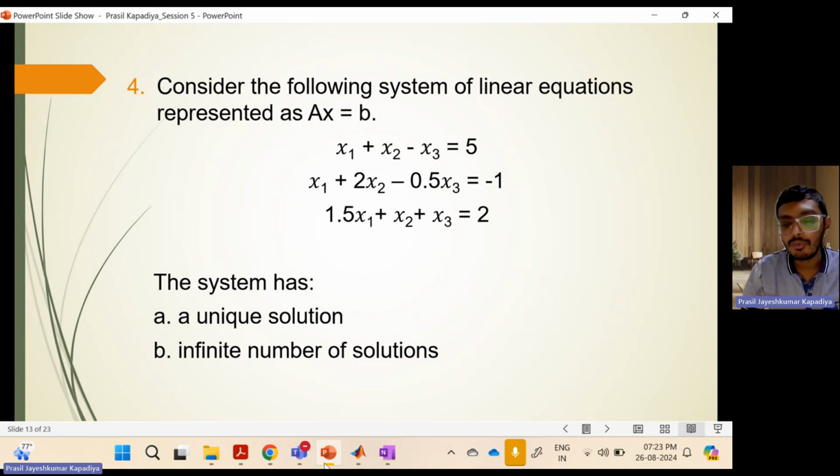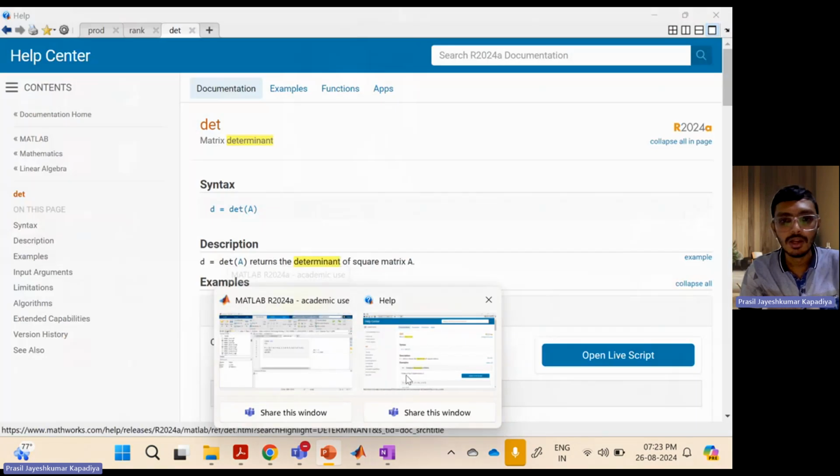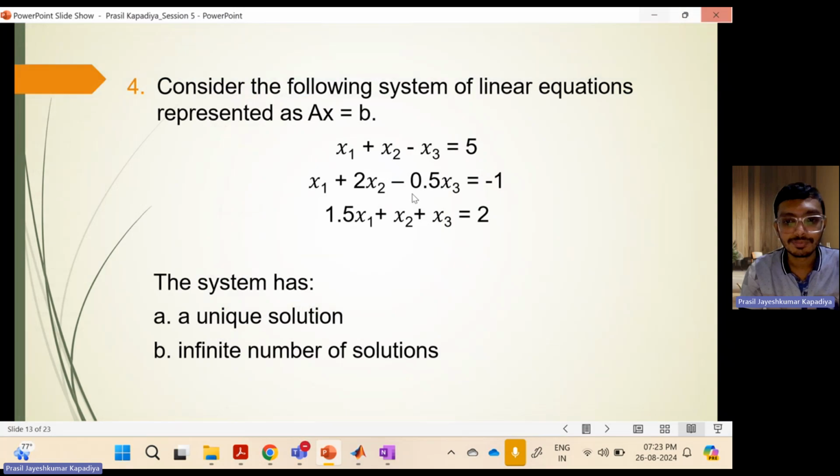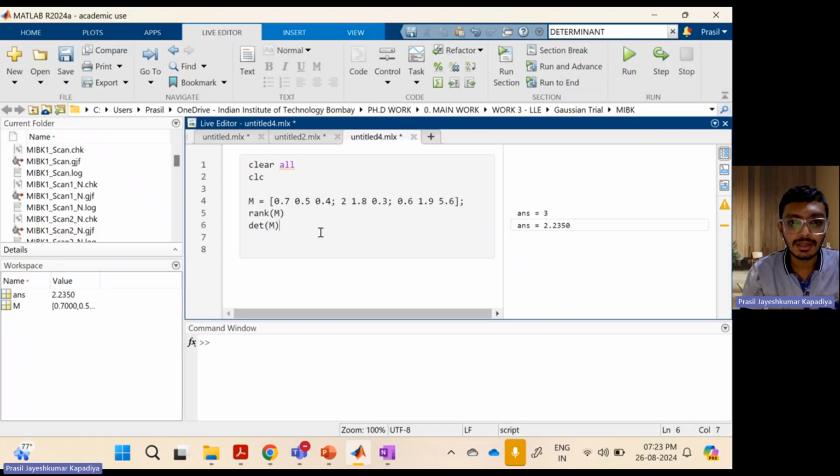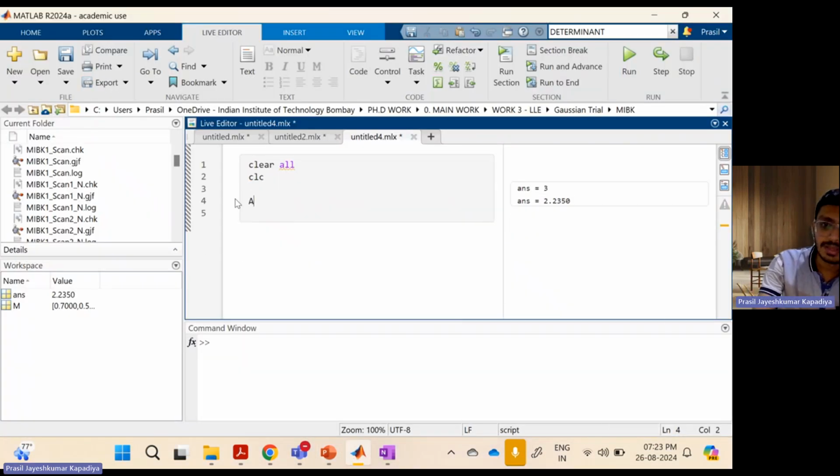Consider the following system of linear equations represented as Ax equal to B. We have three equations and three unknowns. We need to say if the system has a unique solution or an infinite number of solutions. First, let's write down this matrix. A is equal to 1, 1, minus 1, 1, 2, minus 0.5, 1.5, 1, 1.